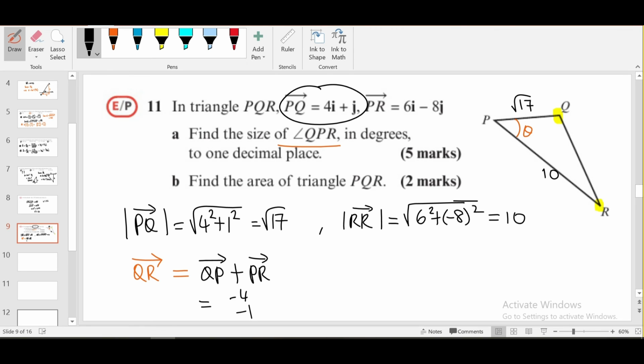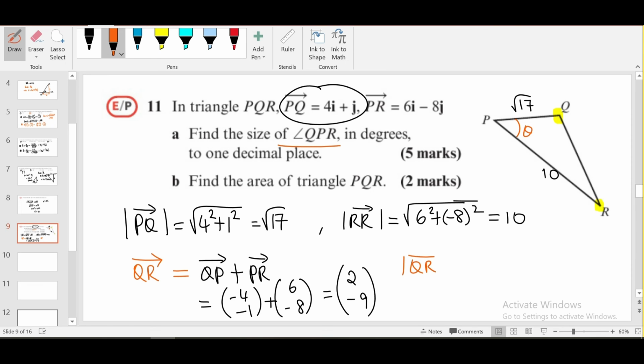Minus 4 minus 1 plus PR is 6 minus 8. You will get 2 minus 9, right? So the length of QR is modulus QR is square root of 2 squared plus minus 9 whole squared. 81 plus 4, square root of 85. This length is square root of 85.